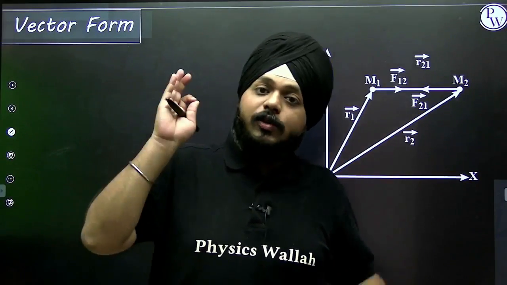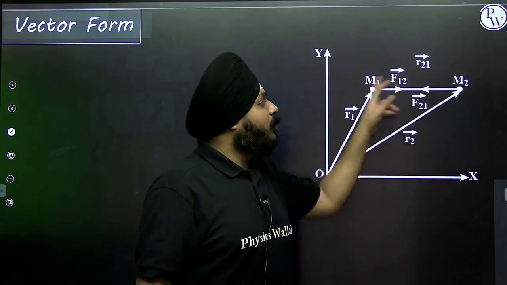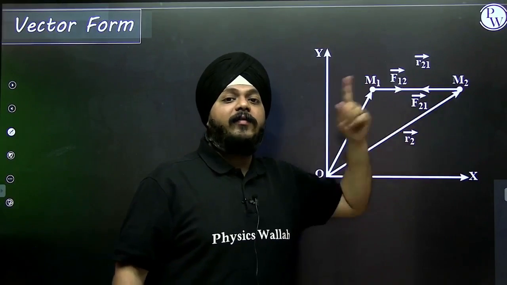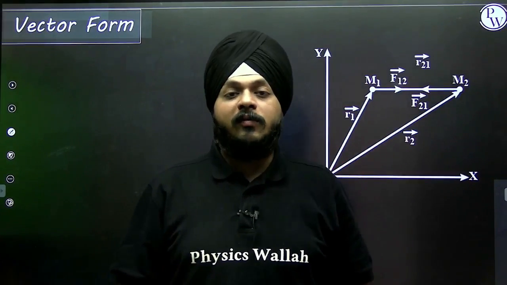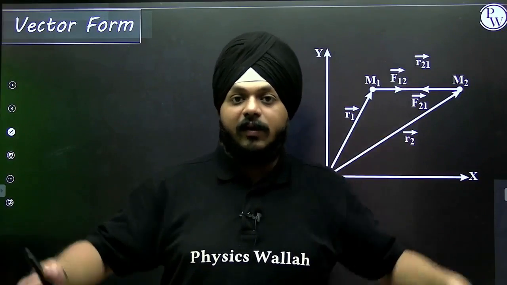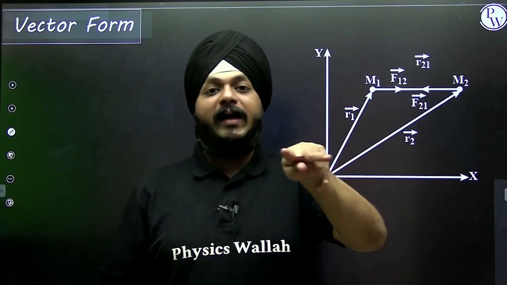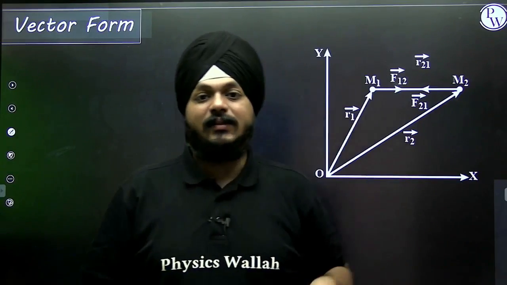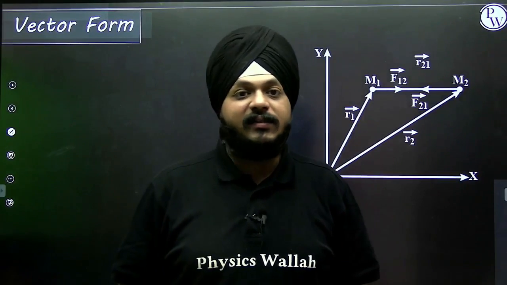If I define Newton's law of gravitation, the force acting between two particles is directly proportional to the product of their masses and inversely proportional to the square of the distance between them. Yes, it is true. But is it for sure that those two particles lie only on the x-axis, or only on the y-axis or the z-axis? No.